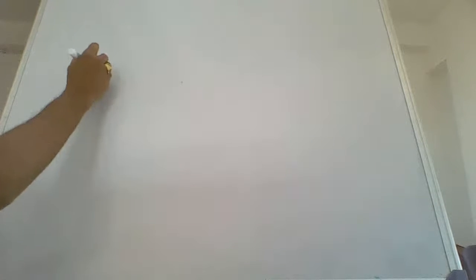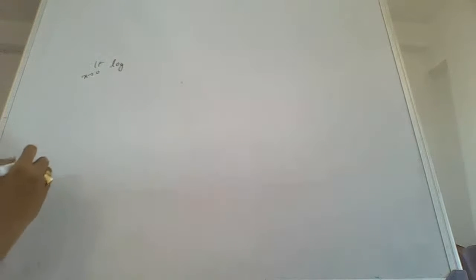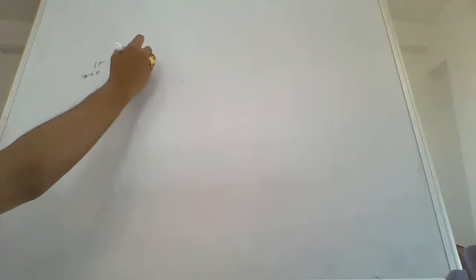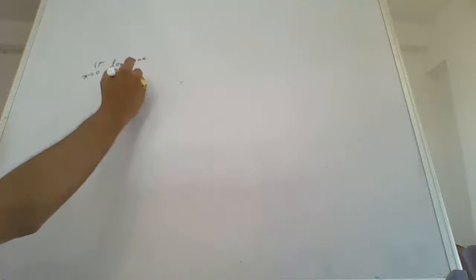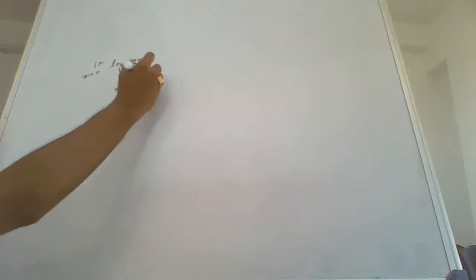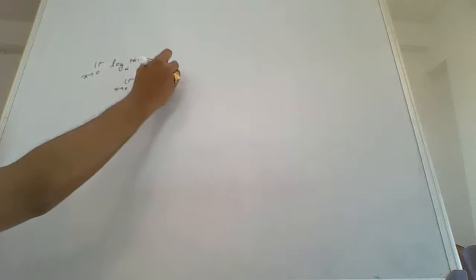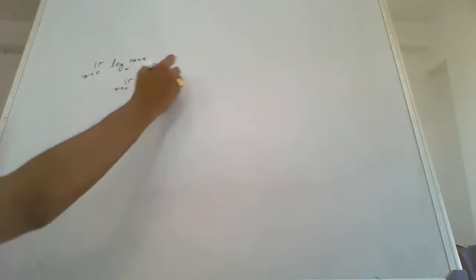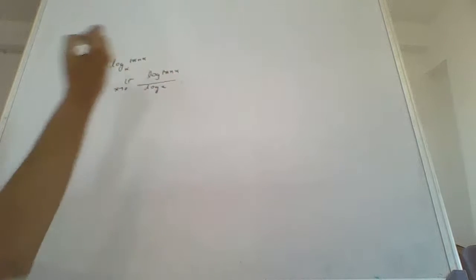So limit as x tends to 0, log tan x with base x. Now, if you look at this, I can separate this as the limit as x tends to 0 of log tan x, the base e, divided by log x, the base e.